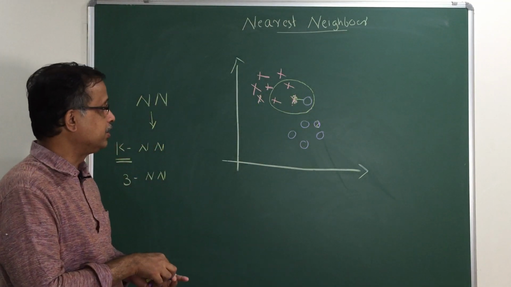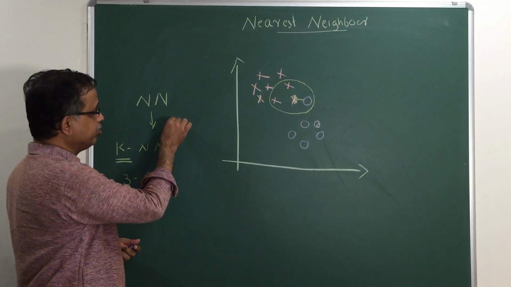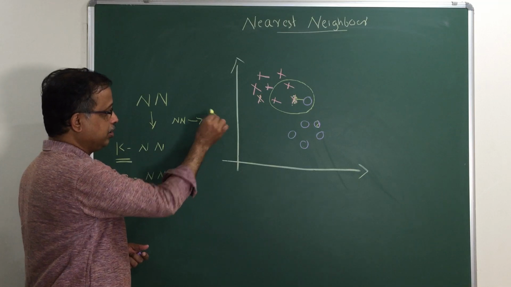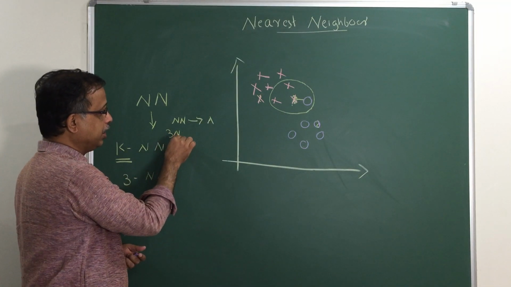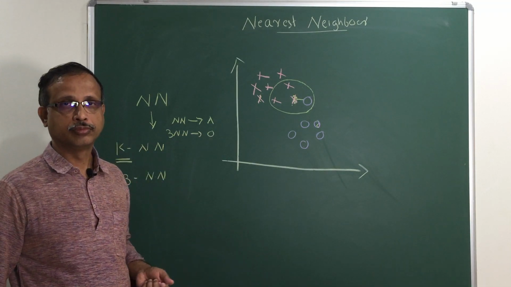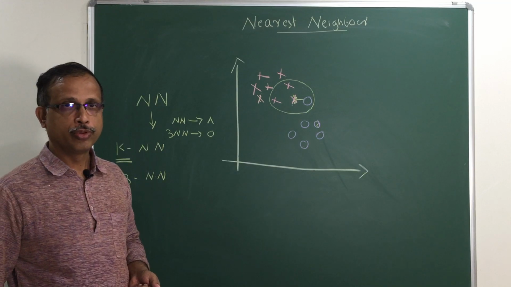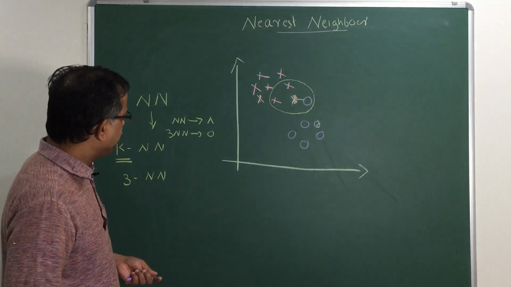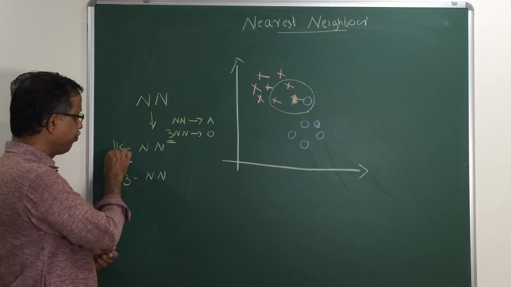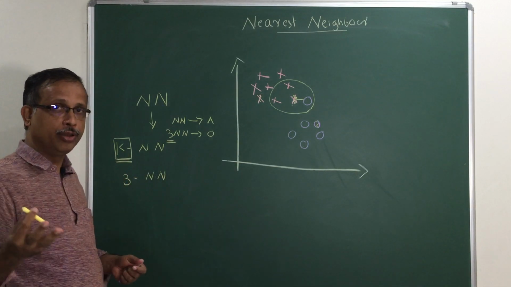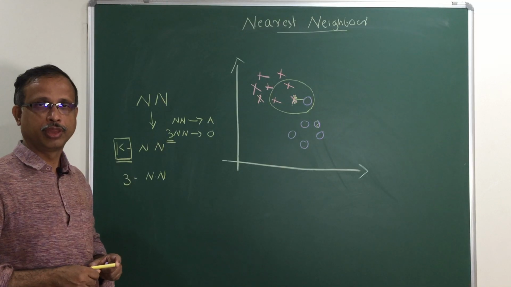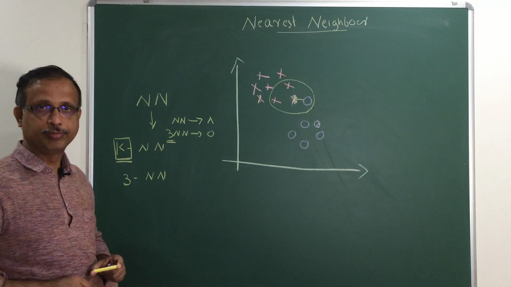So we saw the interesting situation here. The nearest neighbor telling us it is apple, and 3 nearest neighbors telling us this is orange. So we ask a question like, is this k some magic number that we need to use to get the right prediction? Yes, unfortunately. We don't know what is the right k.